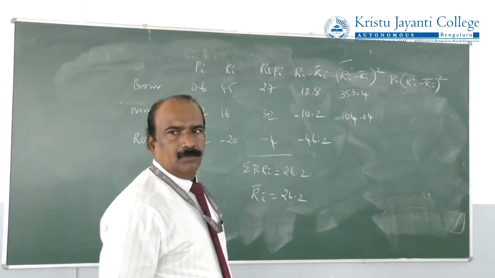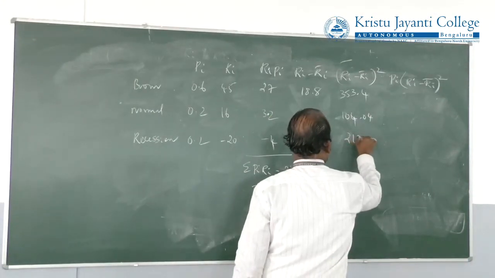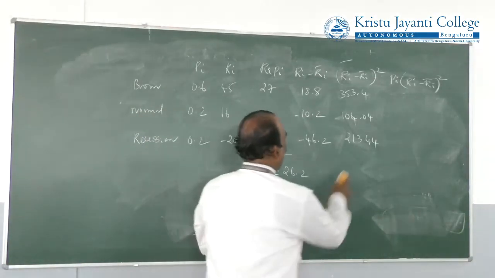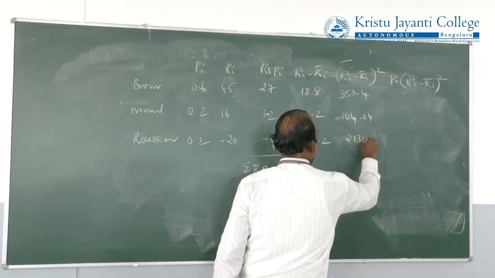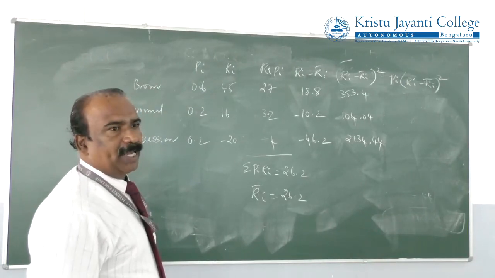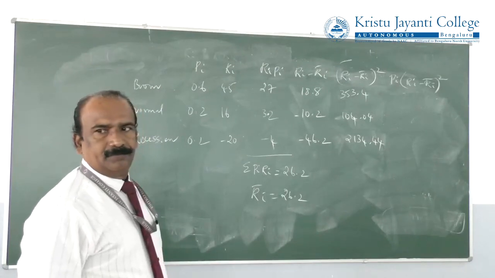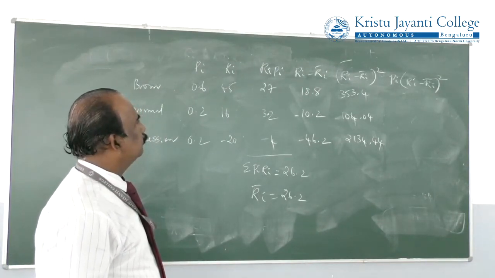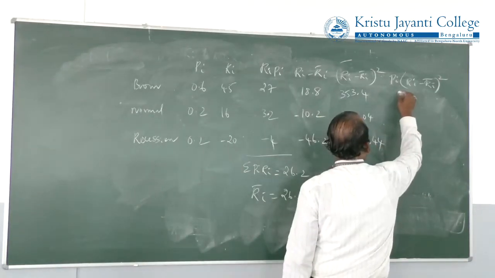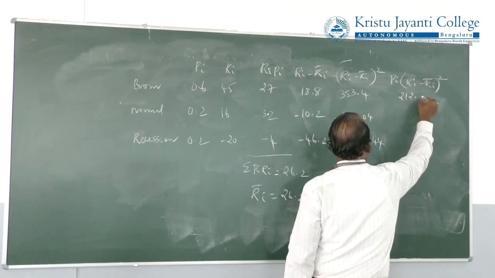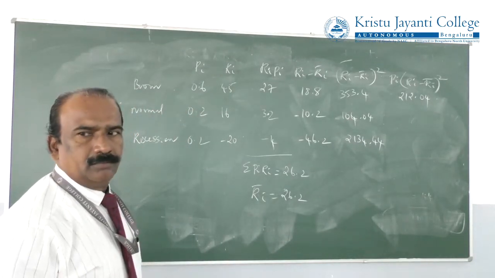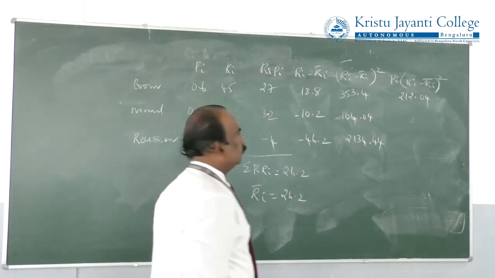Then 46.2 squared is 2134.44. Okay. Then multiply with Pi. 353.44 into 0.6 is 212.06. Then 104.04 into 0.2 is 20.808.